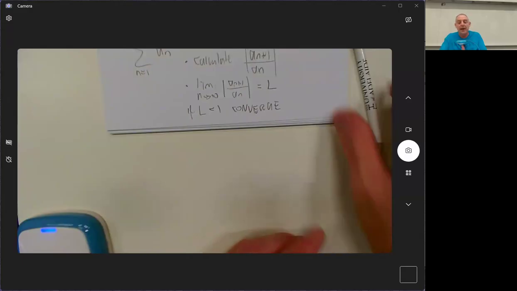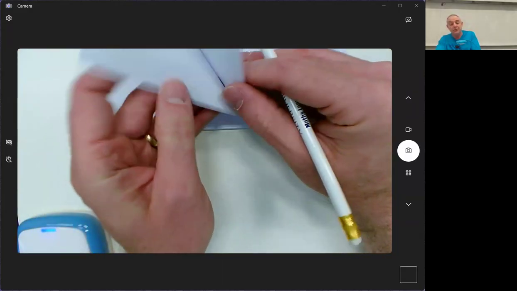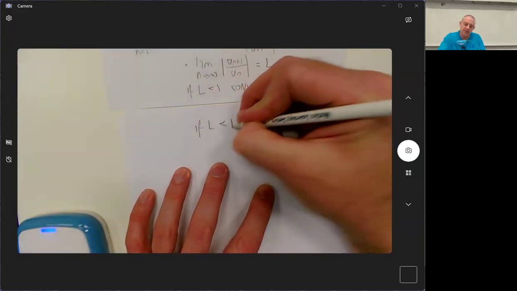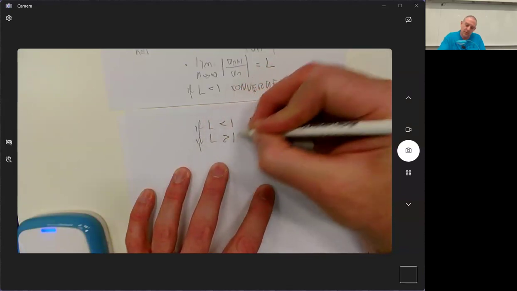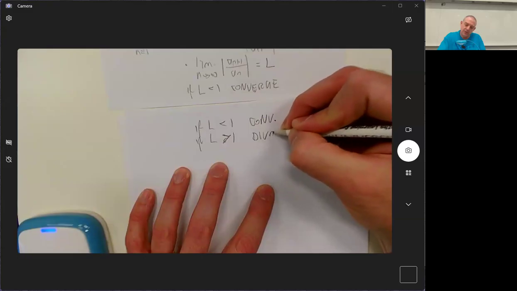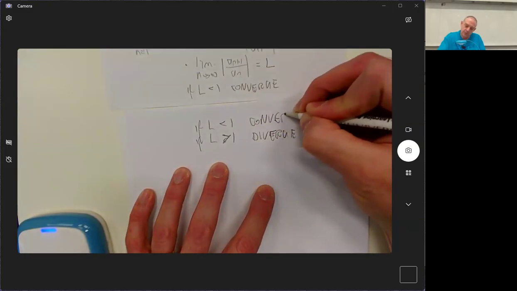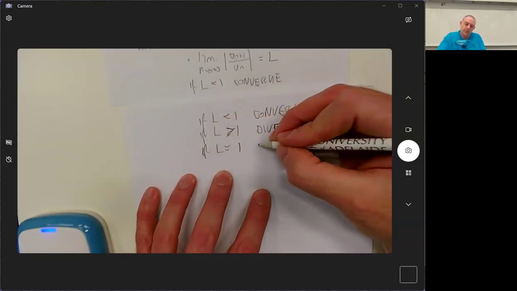That's how it works. And if L is more than 1, then it definitely diverges. I'm just going to repeat that. If L is less than 1, converge. If L is more than 1, diverge. And if L is equal to 1, we don't know.